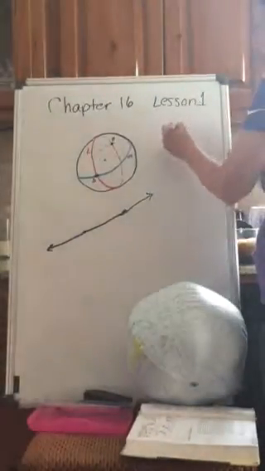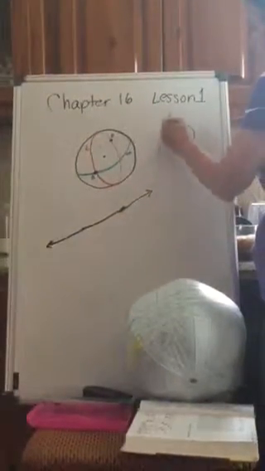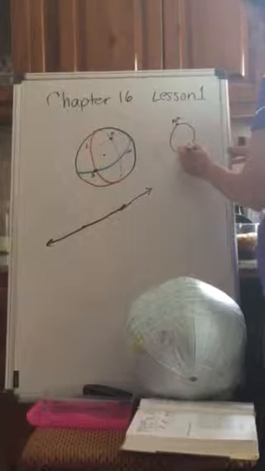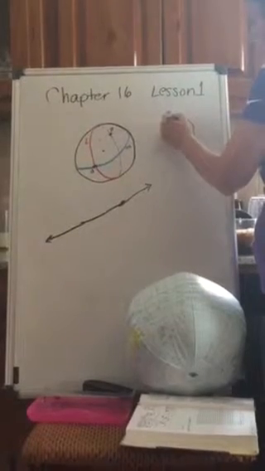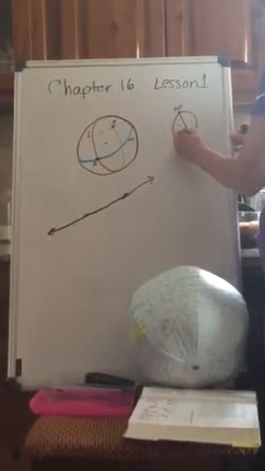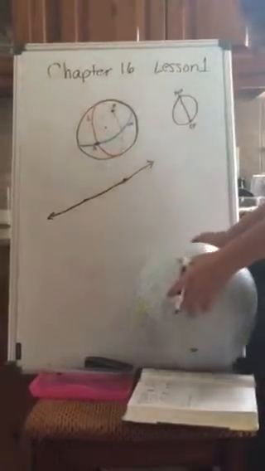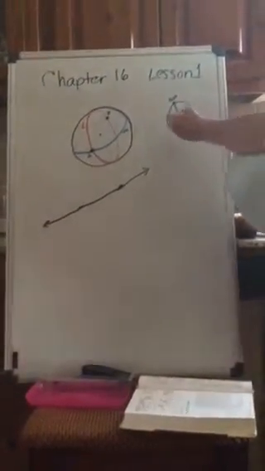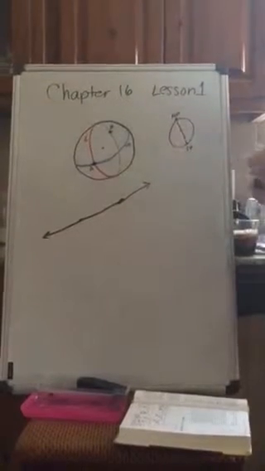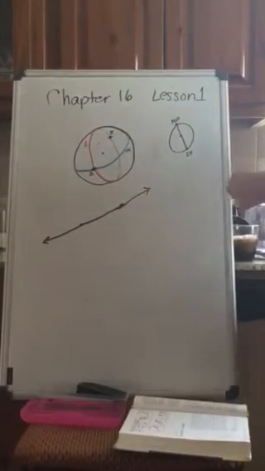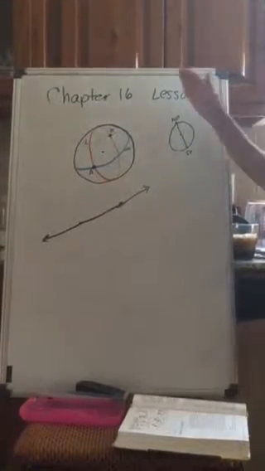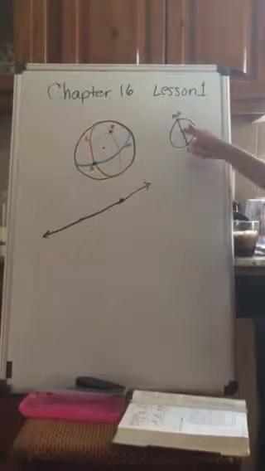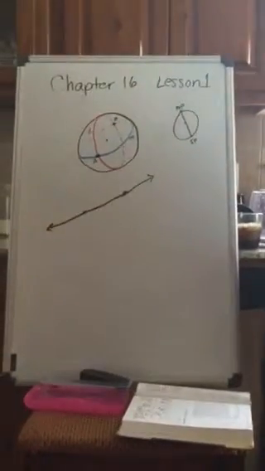If you considered our Earth, and this was the North Pole and this was the South Pole, you could draw a line straight through the Earth from the North Pole to the South Pole, and that line would go through the center of the Earth. So a requirement for antipodal points is that a line drawn through them goes through the center of the Earth.